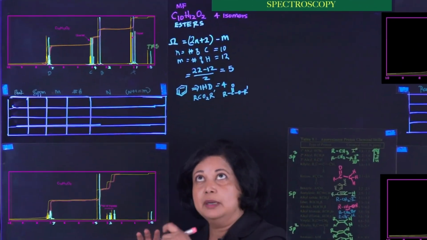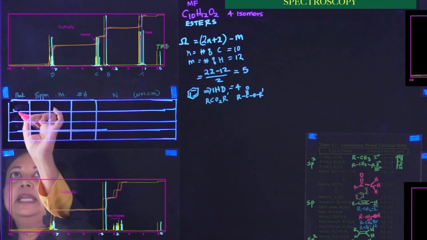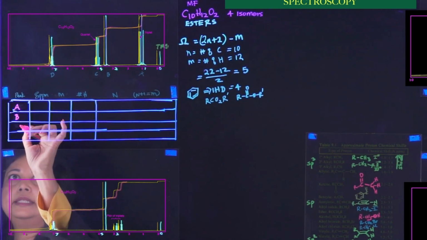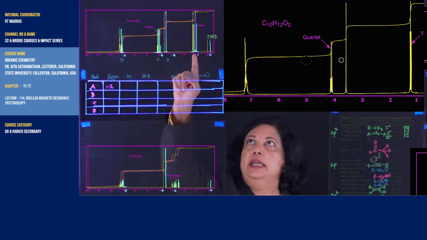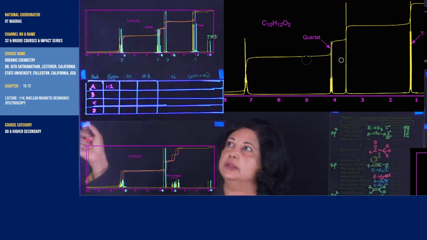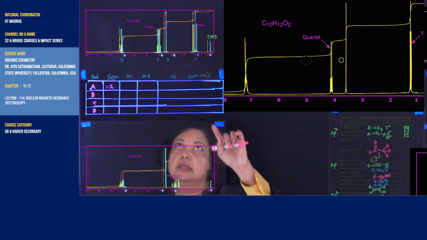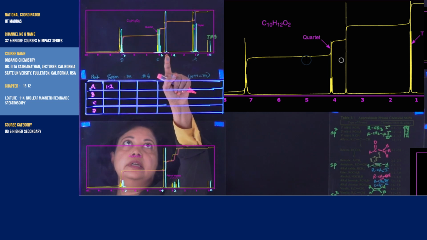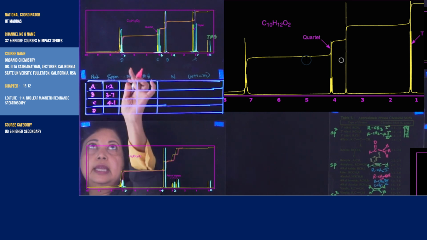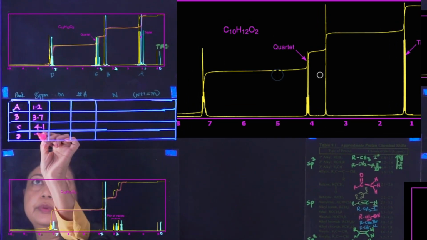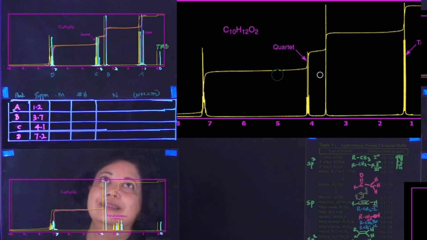All right, so let's compile this data here. We have 4 peaks here, A, B, C, D, and the delta ppm for this is about 1.2. I'm doing an approximation; you can go to 2 decimals, but I'm not doing that here. About 3.7, this is about 4.1, and here we have something at 7.2, a typical benzylic hydrogen, right?